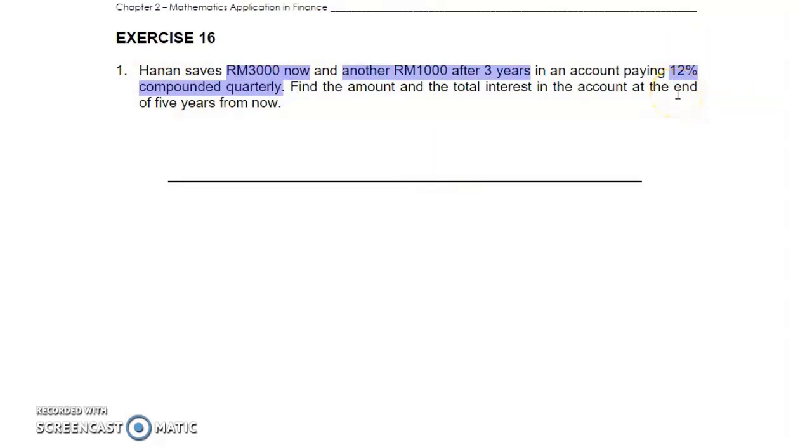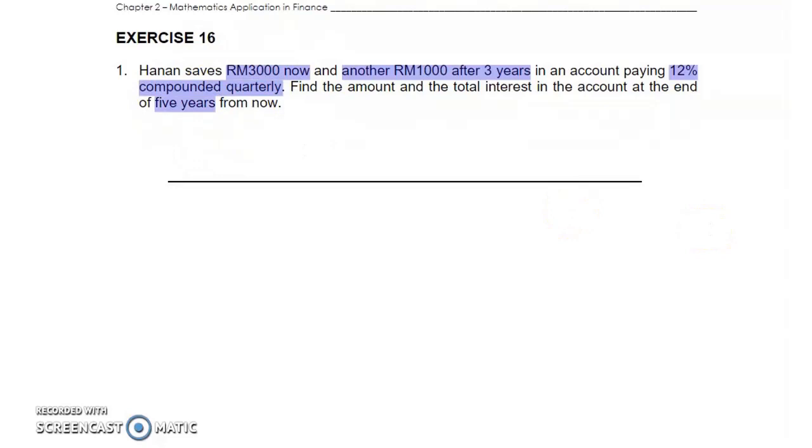Previous question, we have one principal but two rates. Okay, now this example, two principals but only one rate. Find the amount and the total interest in the account at the end of 5 years from now. From now means that start from the first investment. So total investment period is 5 years.